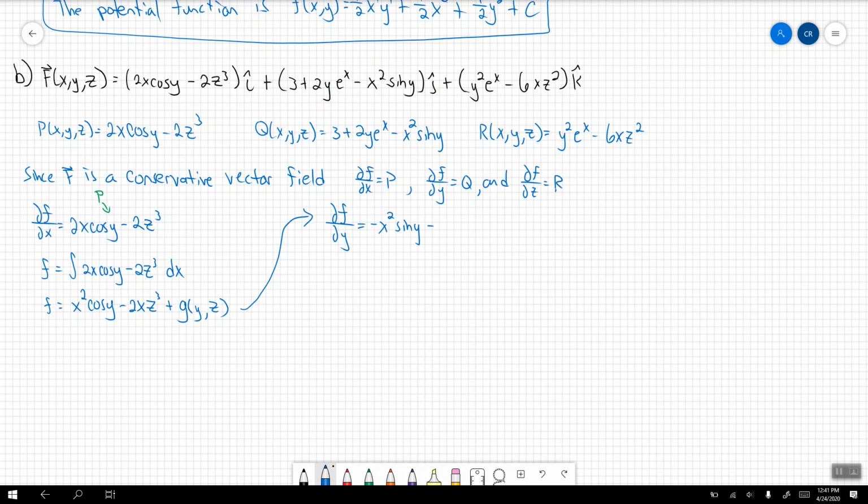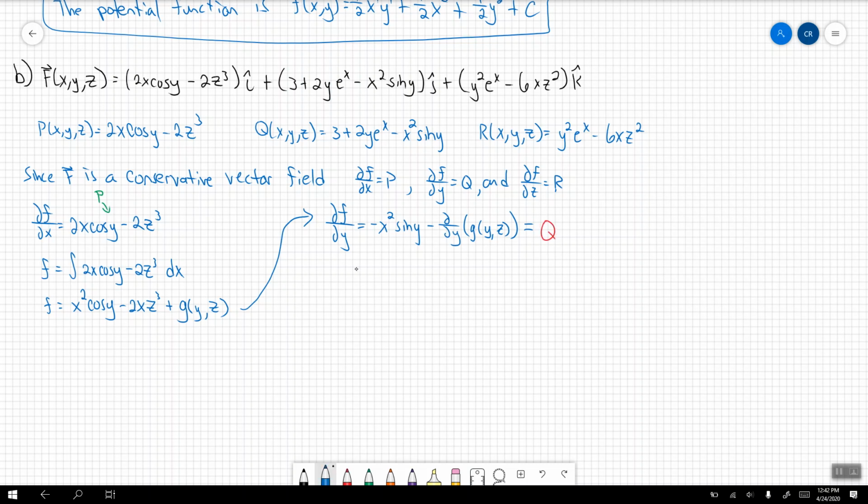I am going to take a partial derivative with respect to y of this piece of the function, g of y, z. Now all of this must be equal to what we have here. It must be equal to Q.